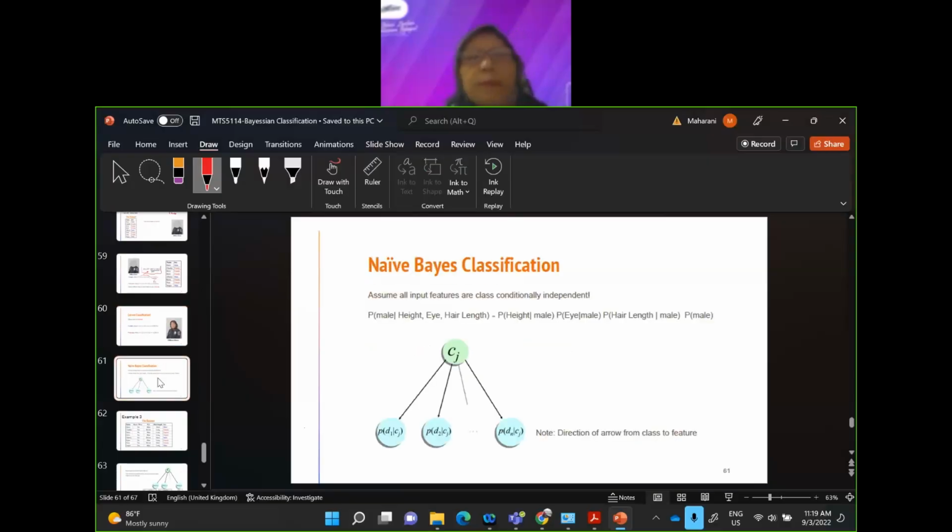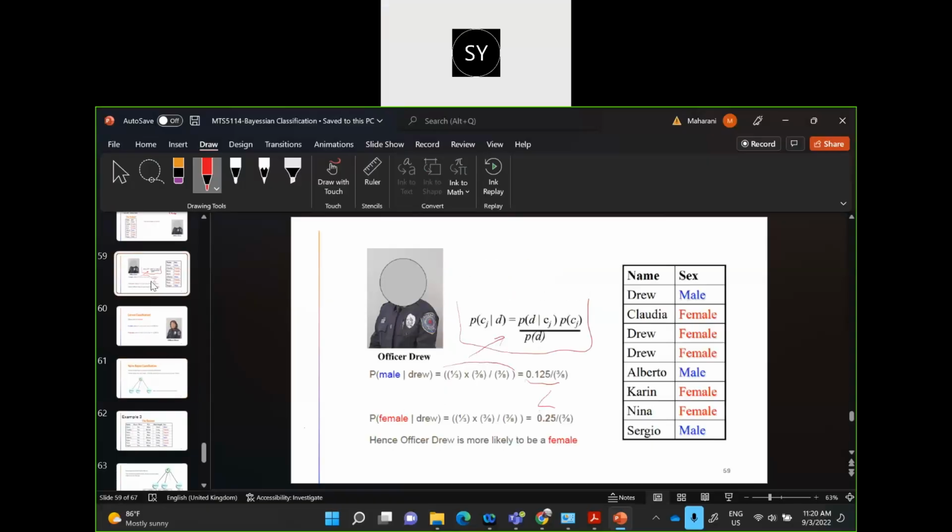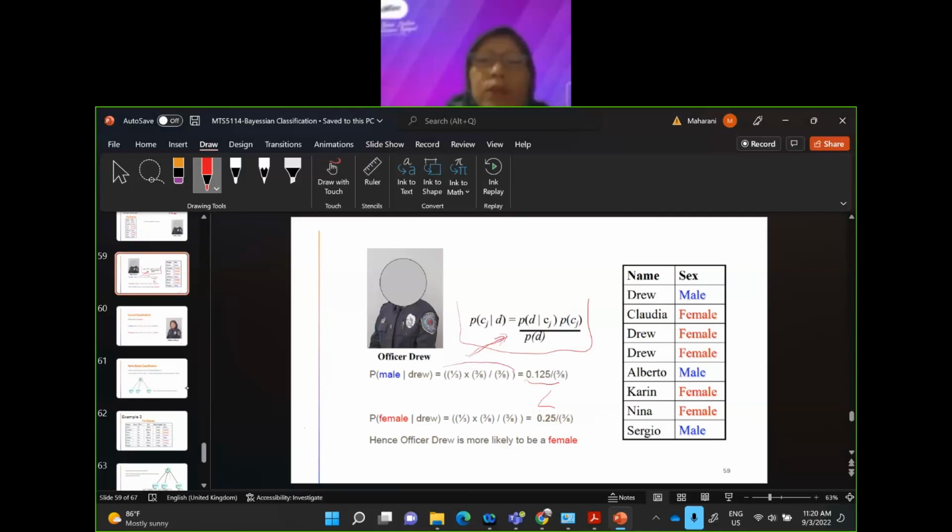How do they calculate the probability? 1/3 times 3/8, and then divide by 3/8. By using this, I don't get 0.125. When you multiply 1/3 by 3/8, this cancels, and you get 1/8.